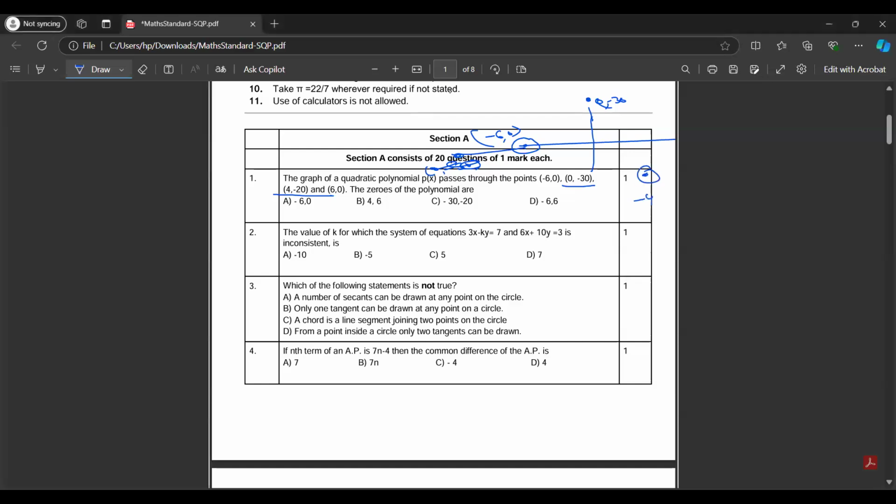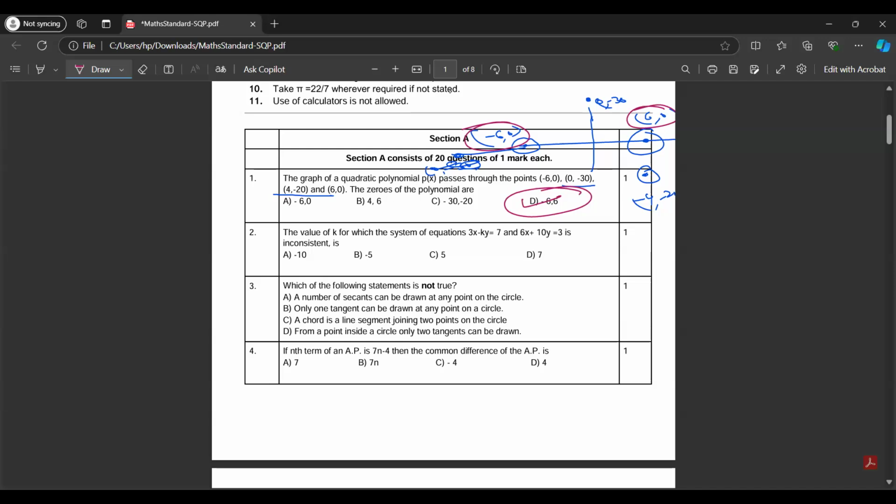So it will lie here only. Then (6, 0). Now tell me, how many zeros are there? 3 zeros? With the graph, 2 zeros. And the zeros are (minus 6, 0) and (6, 0), right? Yes, ma'am. So the answer will be minus 6, 6.